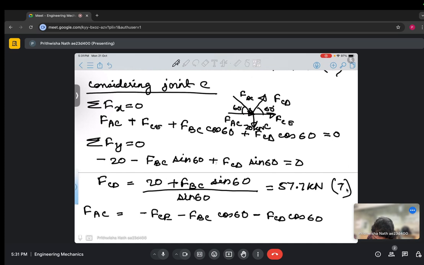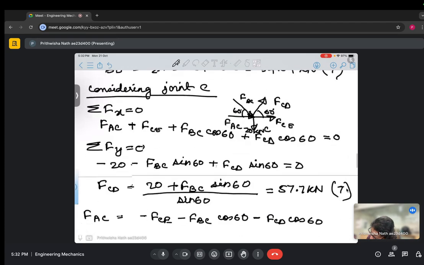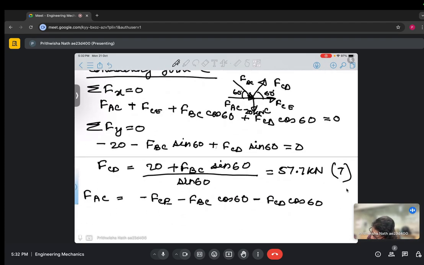So this will be FCE. So we need to find out FCE. So I'll just change these subscripts.